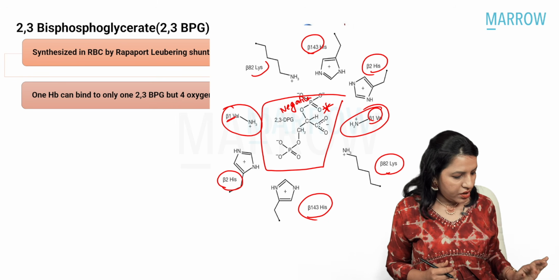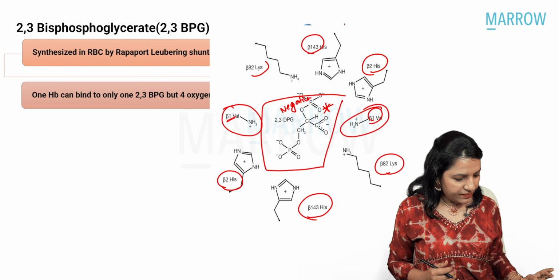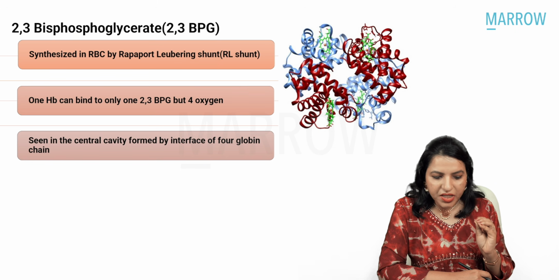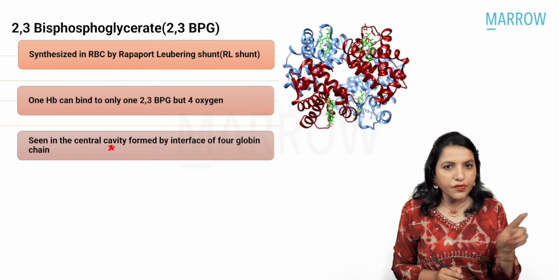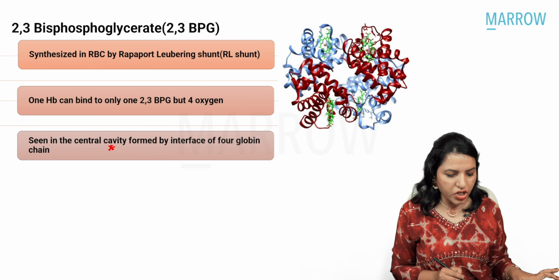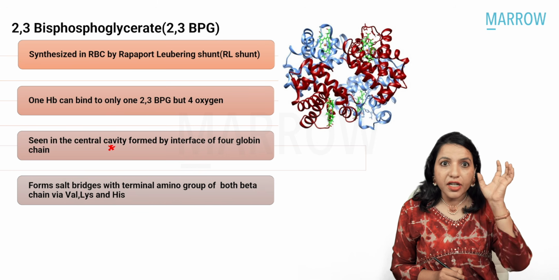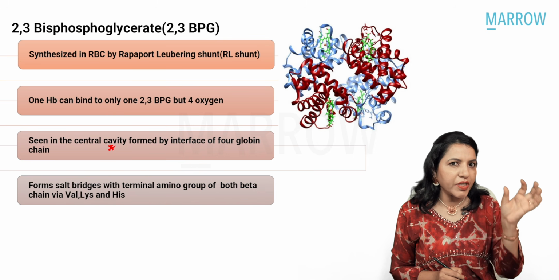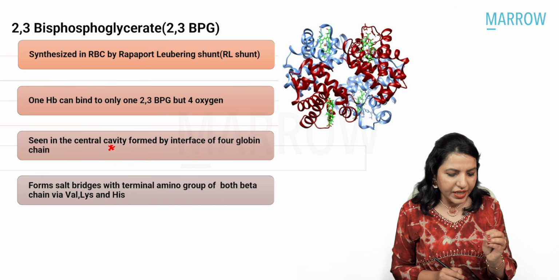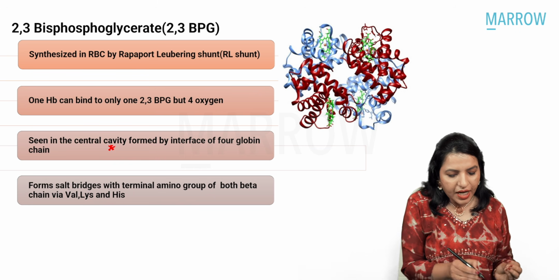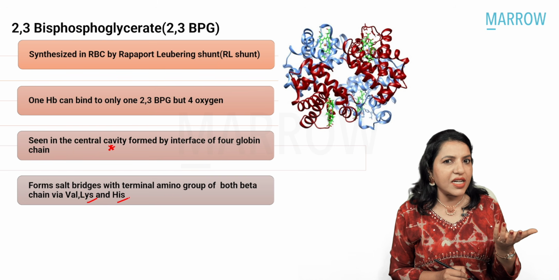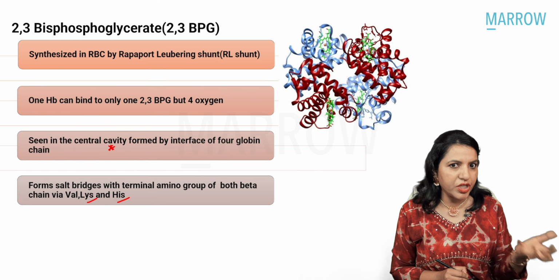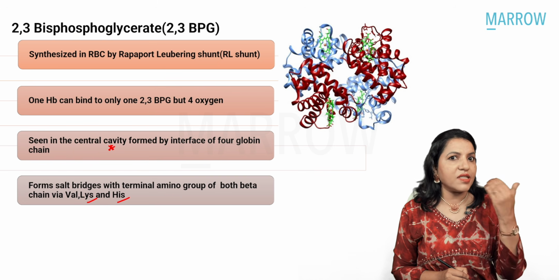In short, the 2,3-BPG is seen in the central cavity formed by the interface of the 4 globin chains, but the salt bridges are formed with the terminal amino group of valine and certain other amino acids like lysine and histidine, which are present in the beta globin chains designated as beta-1 and beta-2.